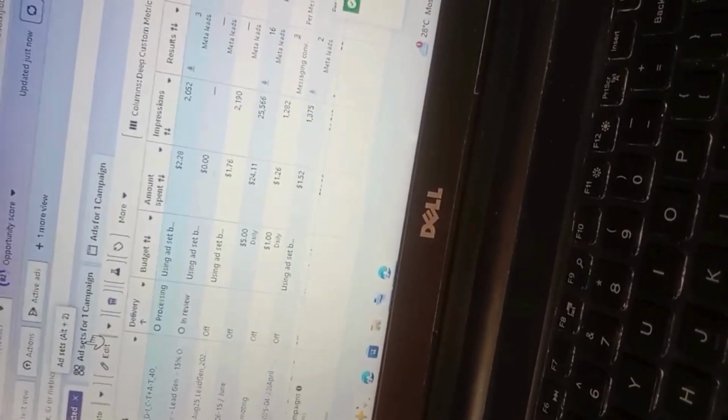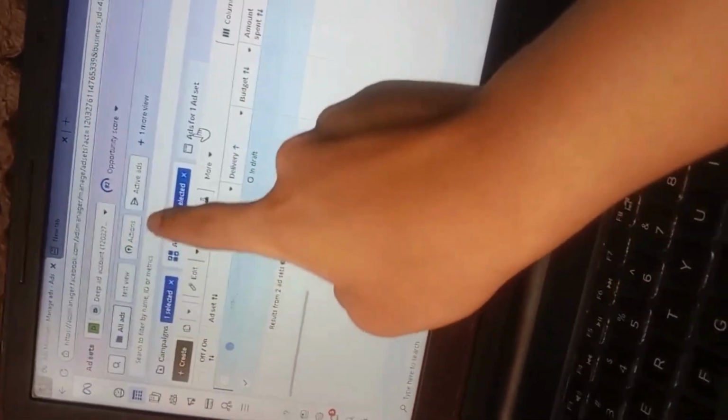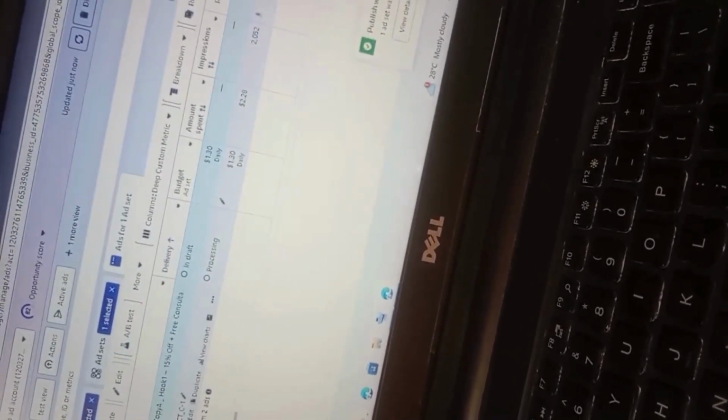Now let's put this campaign in inactive, because I have already told you this campaign is going to be off for right now, because it was only for testing purposes. So we just want to turn it off, and make sure you don't just turn it off at the campaign level. Make sure you turn it off at the campaign, ad set, and ad level, because it might be spending more money even if you don't turn it off.